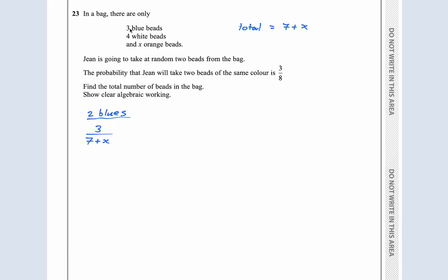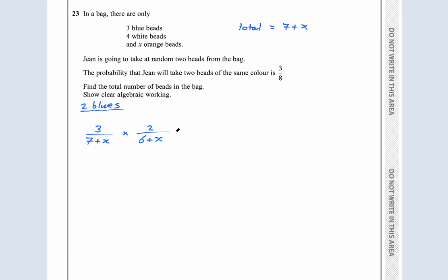There's 3 blues, and in total there's 7 plus x. So 3 over 7 plus x times, now there are only 2 blues because I've taken 1 out, and now there's only 6 plus x because I've taken 1 out of the total.